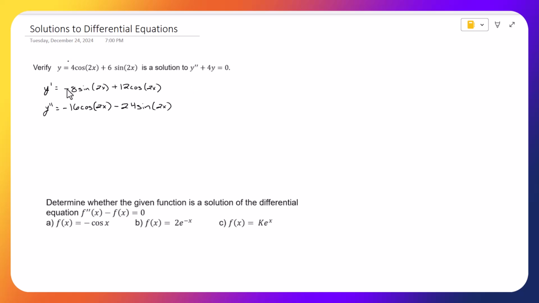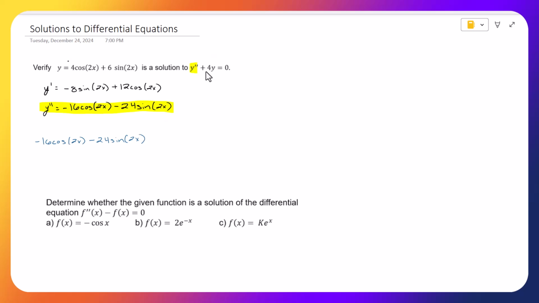Okay, and now we want to verify if this is a solution. I'm just going to take this y double prime and substitute it in. So I'm going to get negative 16 cosine of 2x minus 24 sine of 2x.